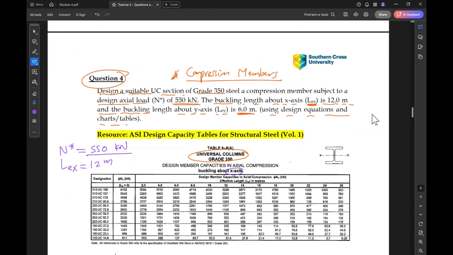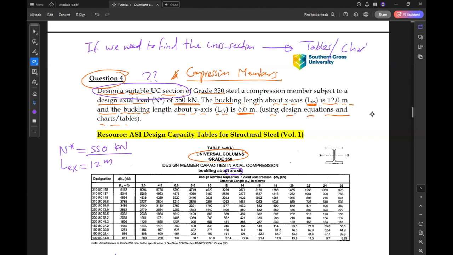Here we don't have the cross section, so the cross section is unknown. So we need to find the cross section. It is not given to us, so we need to go to tables or charts.